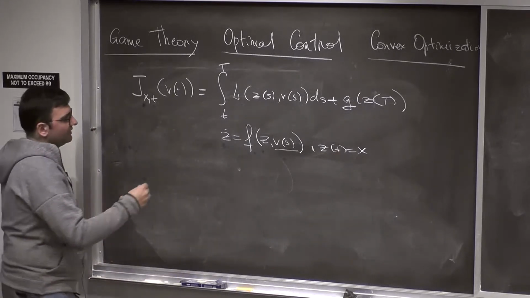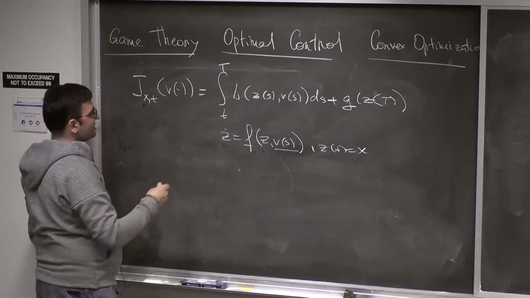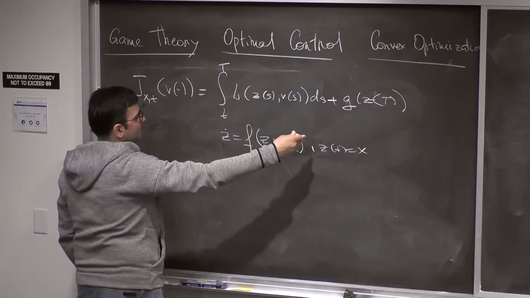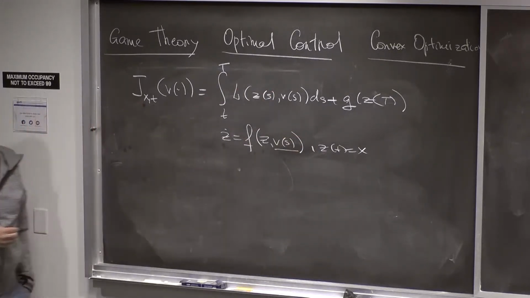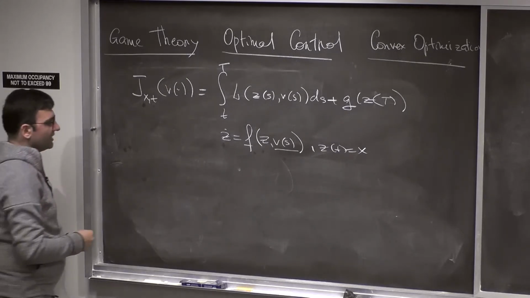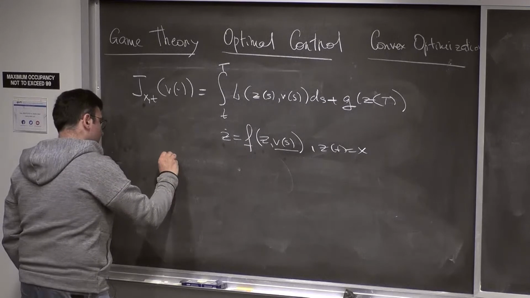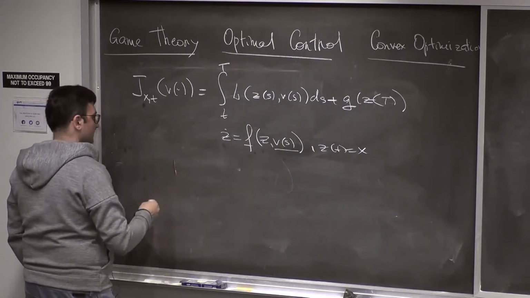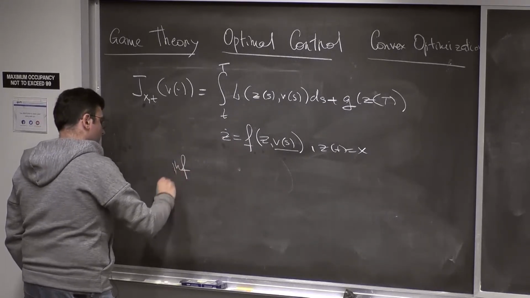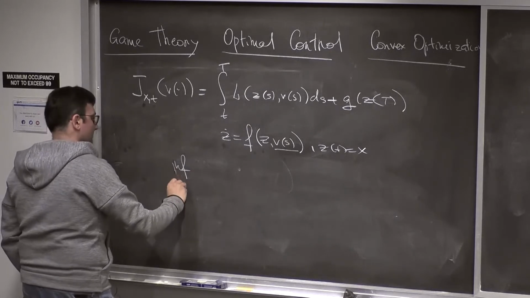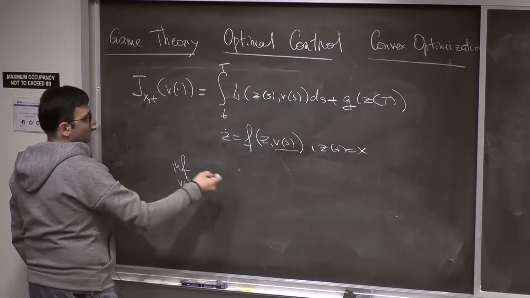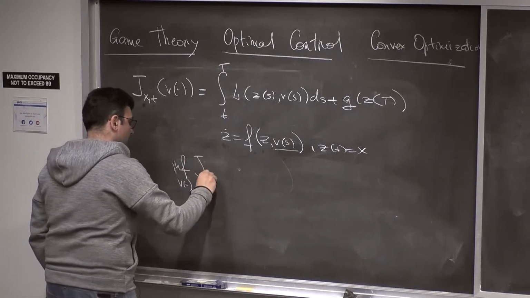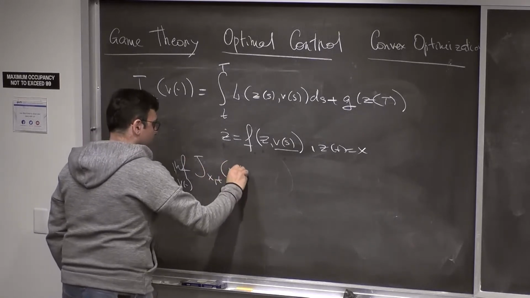And capital T is the terminal time. So when the player gets to terminal time T, it pays this much cost. Okay, so that's the total cost. And what we're interested in is finding the minimum of this cost among all controls.